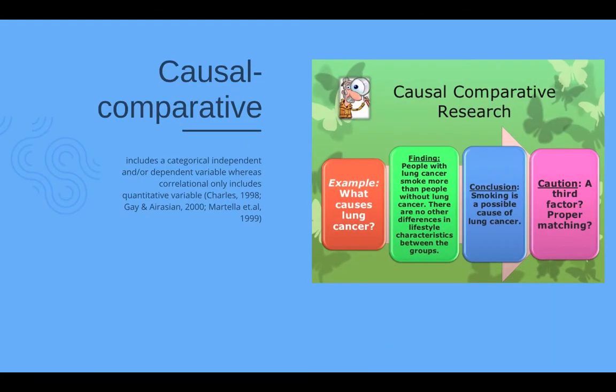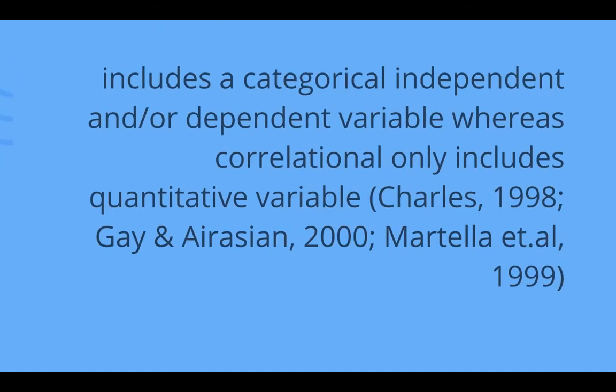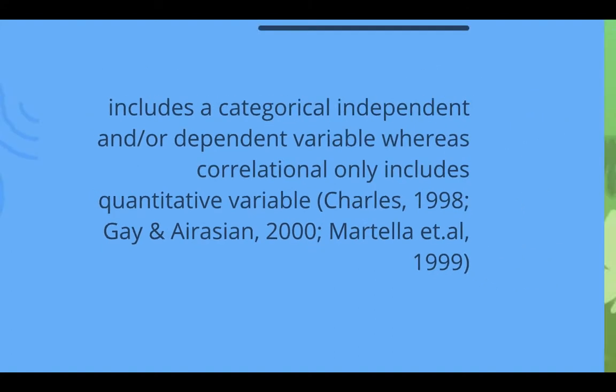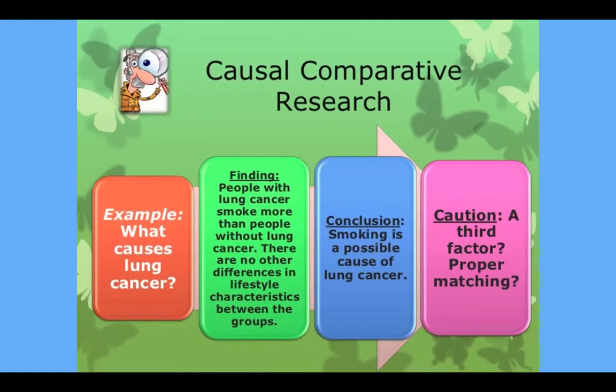Starting with causal comparative research, it includes a categorical independent and/or dependent variable, whereas correlational only includes quantitative variables. So this is a good example of causal comparative research. Example, what causes lung cancer?